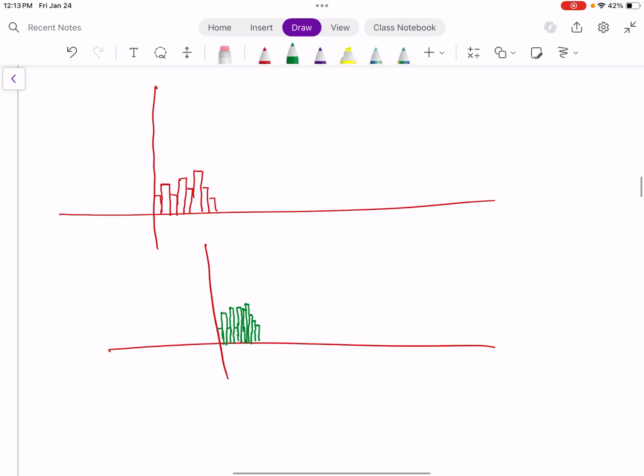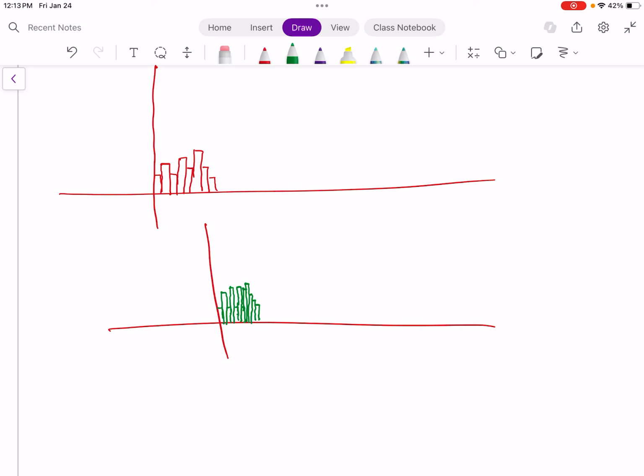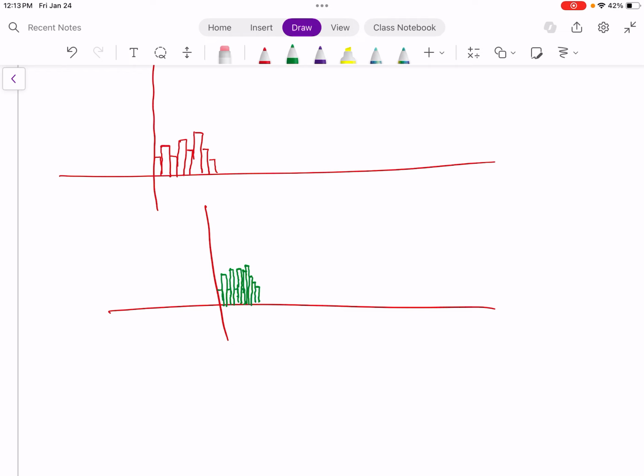Now if you try to construct a histogram with a smaller width than this one, then our histogram looks like a curve. So for example, let me try to draw it very small.